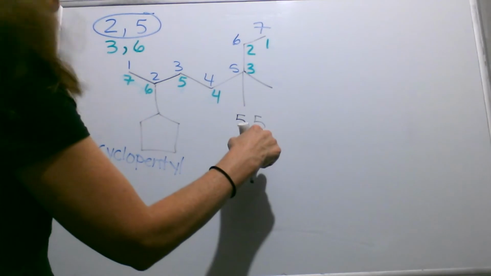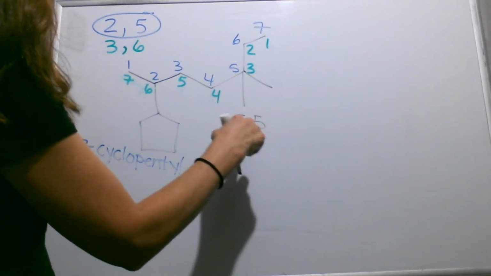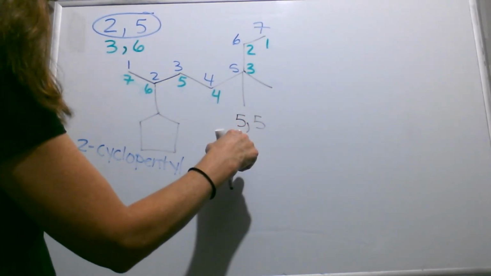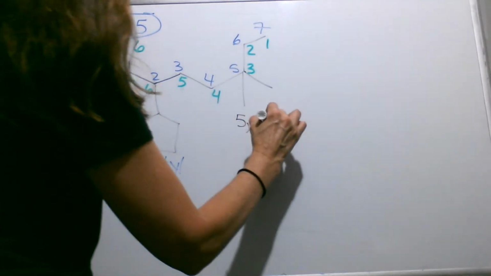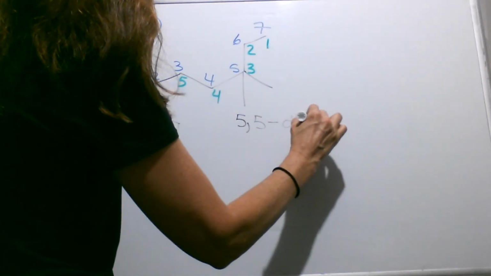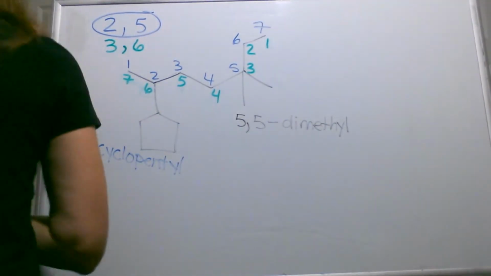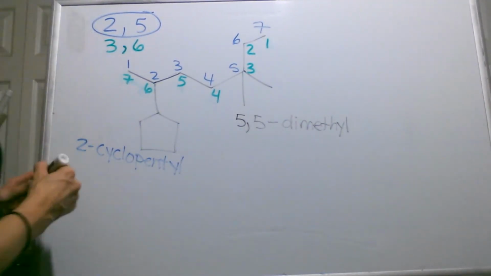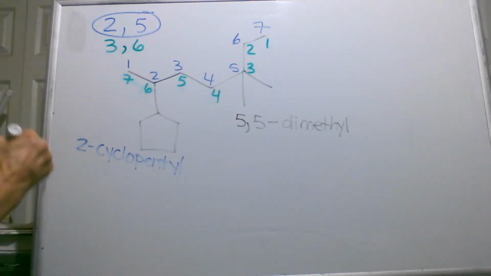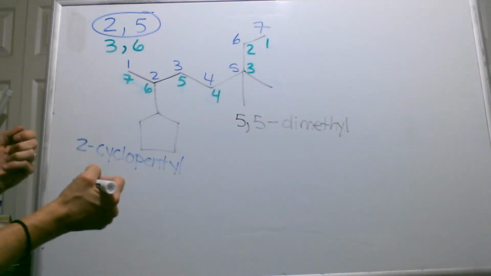So even though it seems redundant, you have to indicate one of the methyl groups is on 5 and the other one is on 5. And then just like the last example, when we had 2 of them, we have to add that prefix di for dimethyl. But in this case, it turns out that they happen to be on the same carbon.